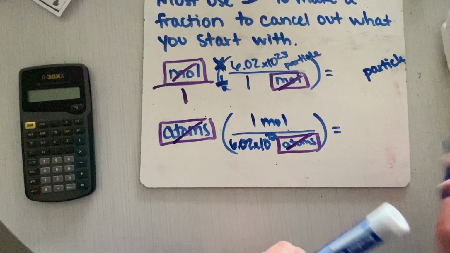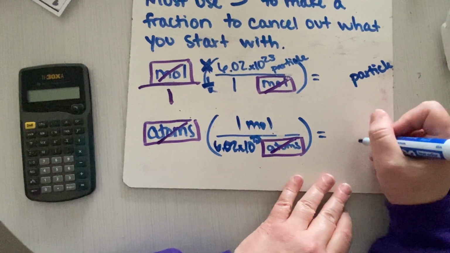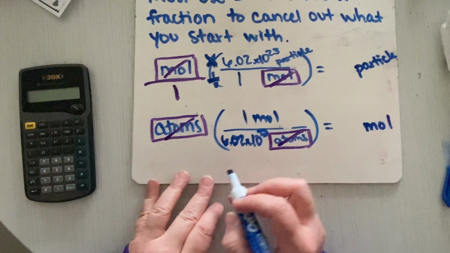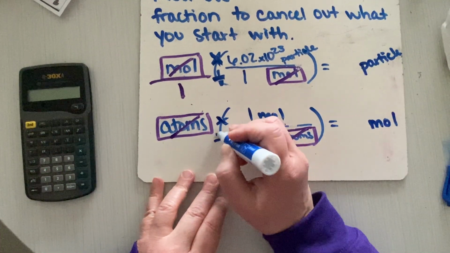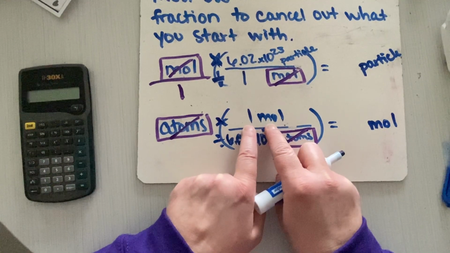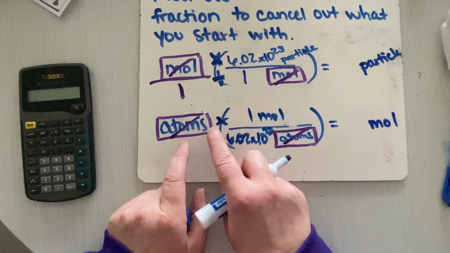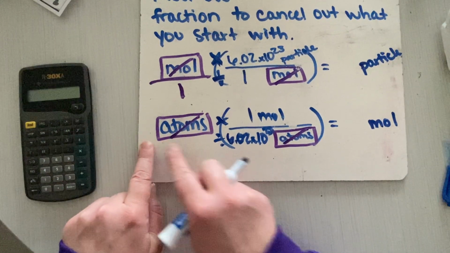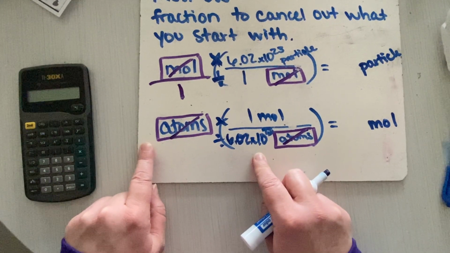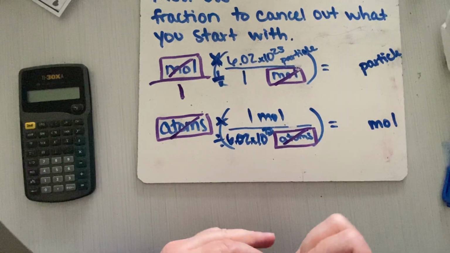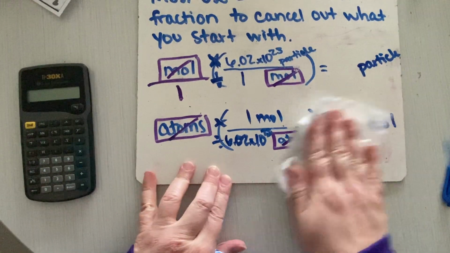And then the only thing we have left is going to be our mole, and that will be our answer. And again, remember you're multiplying by the top, dividing by the bottom. Multiplying by 1 here is not going to make a difference. So you can essentially skip that part. You would just be taking whatever the number is over here, dividing by the 6.02 times 10 to the 23rd, and getting your answer. I am going to do a couple examples with you quick too.